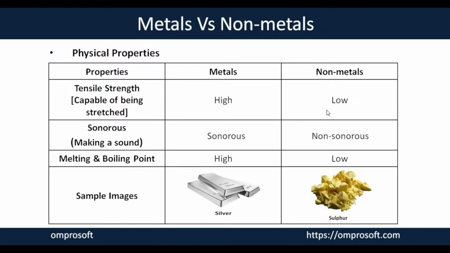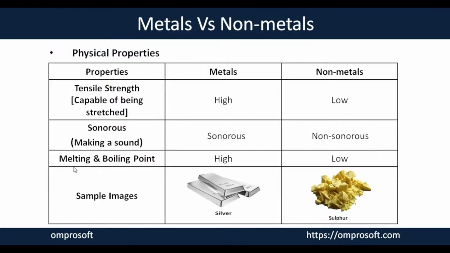They are brittle easily. Next one, sonorous, which means able to make sound. All metals are generally sonorous. That is why metals are used to make electric bells and doorbells. But non-metals are non-sonorous. They do not produce any sound.